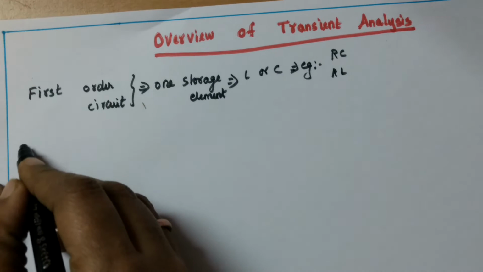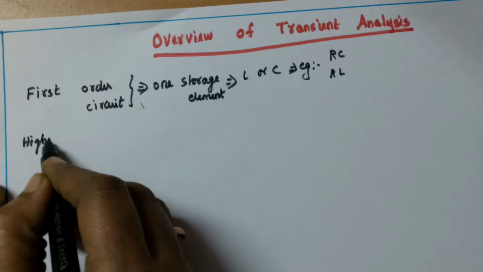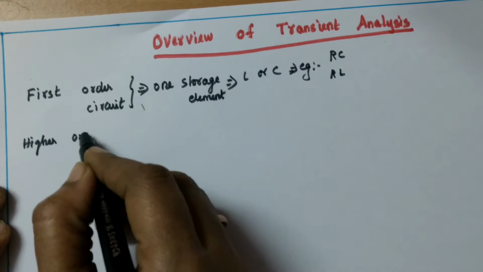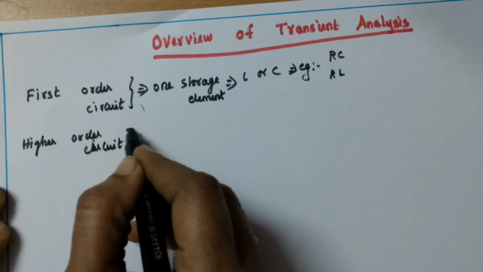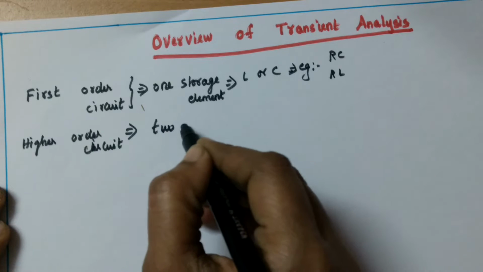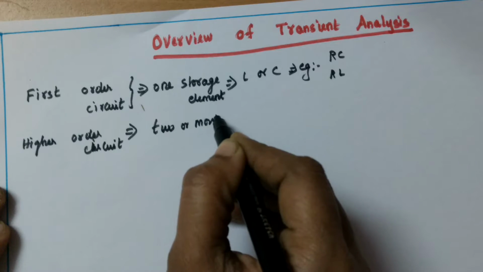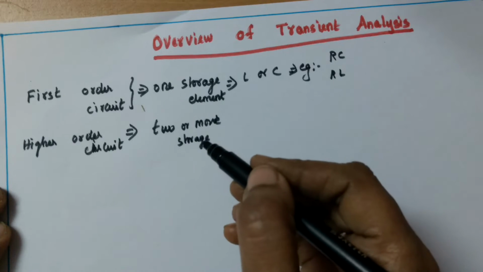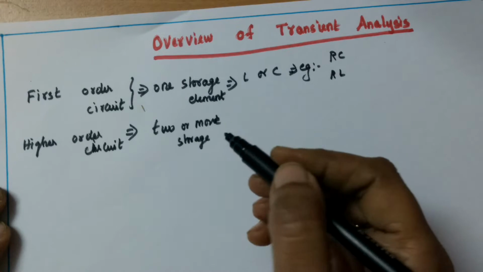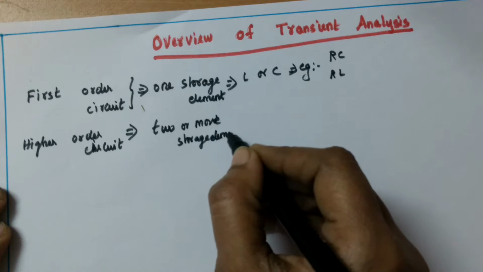A second order or higher order circuit means a circuit or network which consists of two or more storage elements: either two inductances, or an inductance and capacitance combination, or two capacitors in the network.